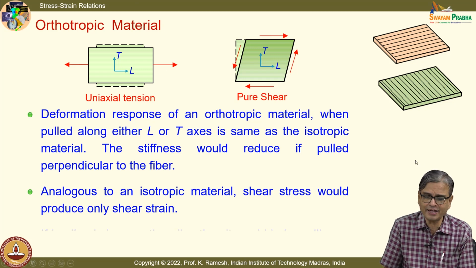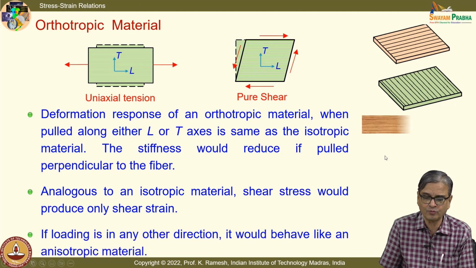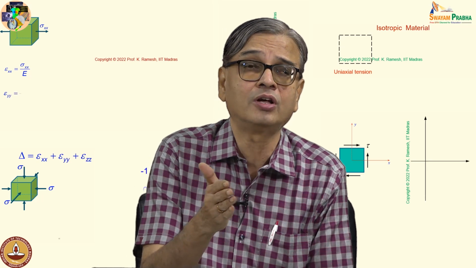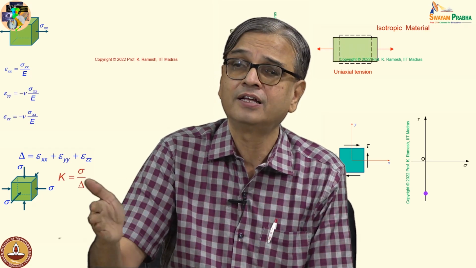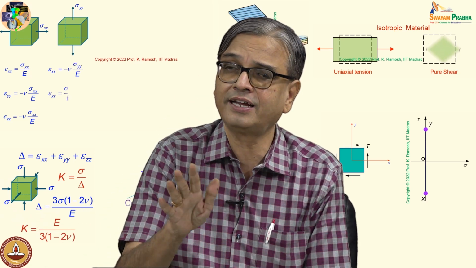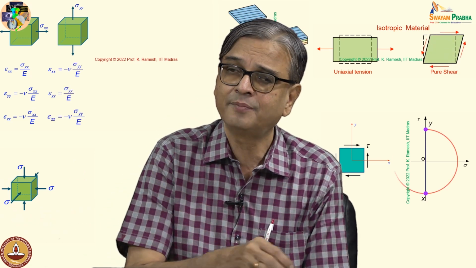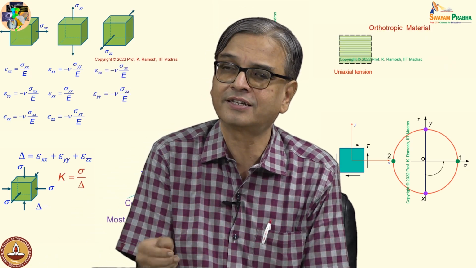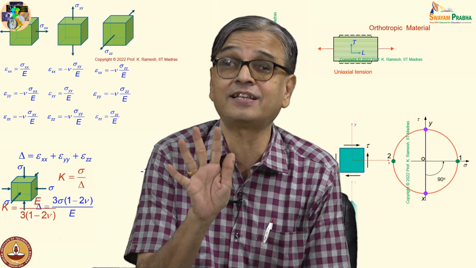And you also have a natural material, wood. Wood is an orthotropic material. And your carpenter will know, if he has to make a shelf, how to put the shelf for it to withstand the load. He has not studied solid mechanics, but he will put it so the fiber is along the longitudinal direction. He knows that from experience.